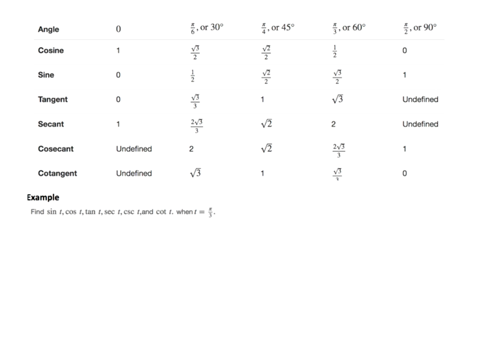So we can use the chart above to find the function values for all of these functions down here without having to do any work for it. So sine t, cosine t, tangent t, cosecant t, secant t, cotangent t. And t is pi over 3.